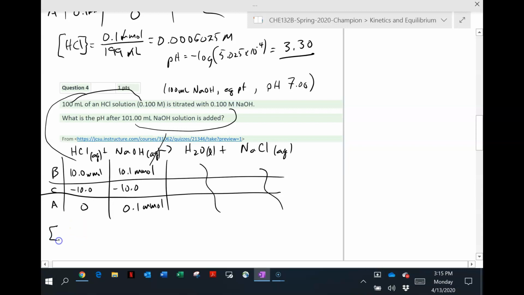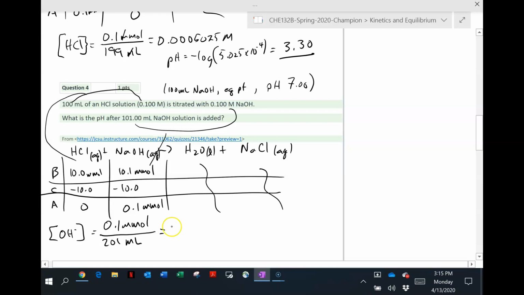So our concentration of OH minus is going to be 0.1 millimole over now 201 milliliters. So that concentration is 0.1 divided by 201.